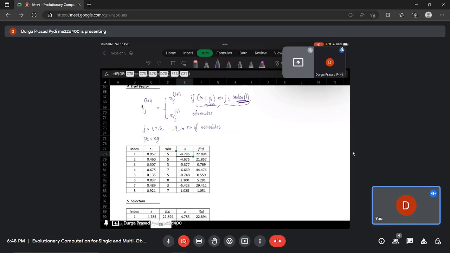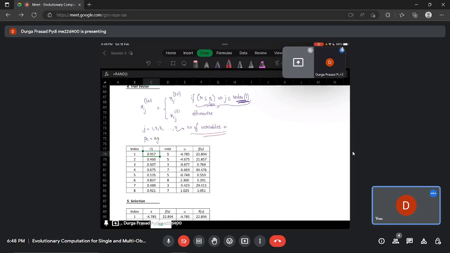The next step is you essentially get the trial vector. If the generated random number is less than PC, so here 0.957 is greater than 0.5, you just see the second condition. J is essentially the number of variables.